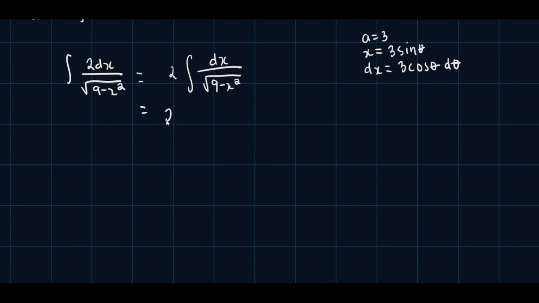With this, we can now rewrite this as 3 cosine theta d theta all over square root of 9 minus 9 sine squared theta.